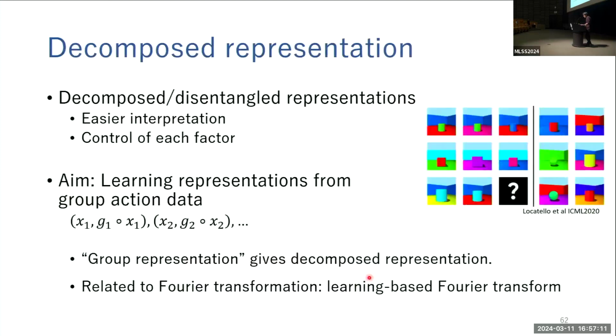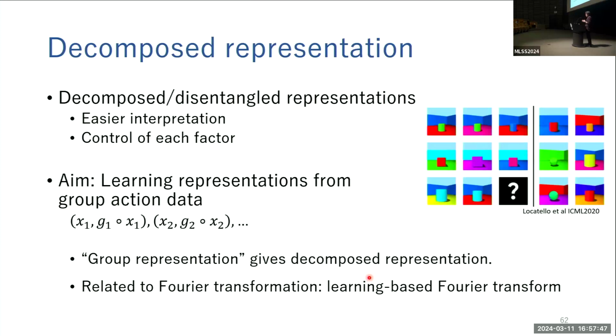So based on this idea, we are considering representation learning based on group action. Another important topic in representation learning is decomposition or disentanglement of the representation. Disentanglement is a kind of decomposition of the representation into meaningful factors.